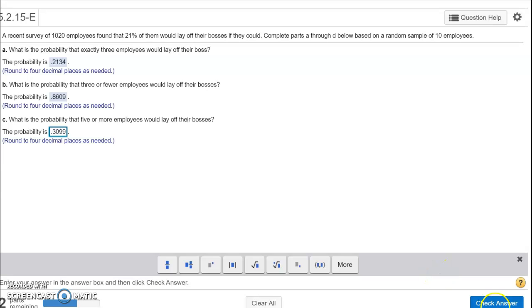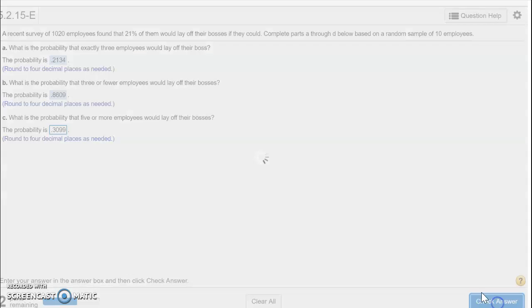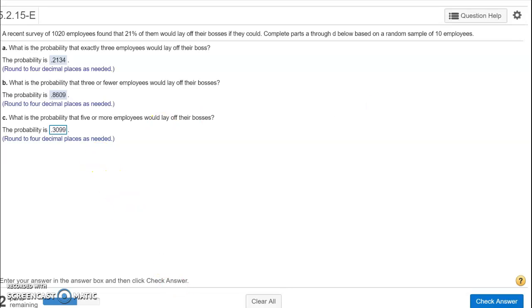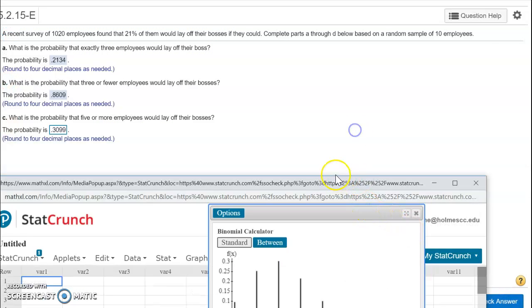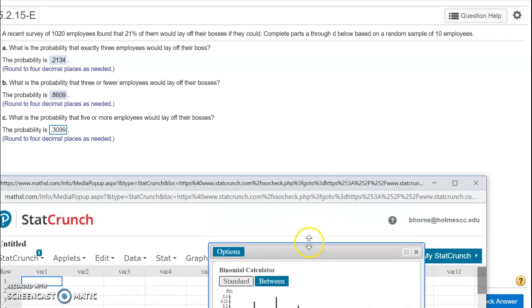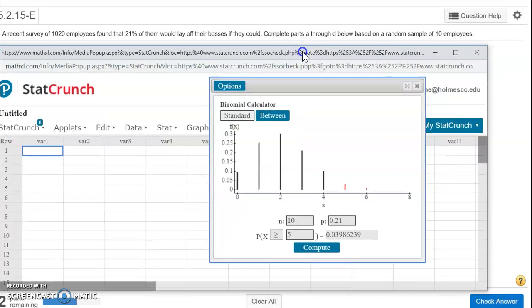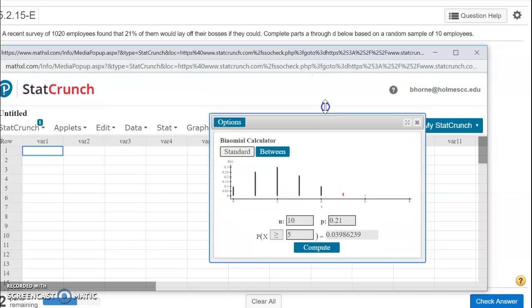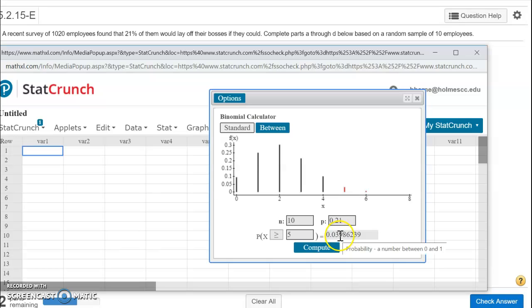And then, let's see what I did here. 5 or more. Let me make sure I looked at that right. Oh, I rounded wrong. Hold on.